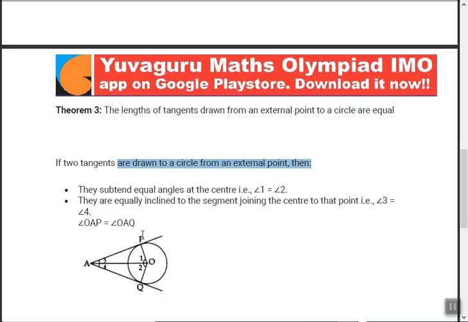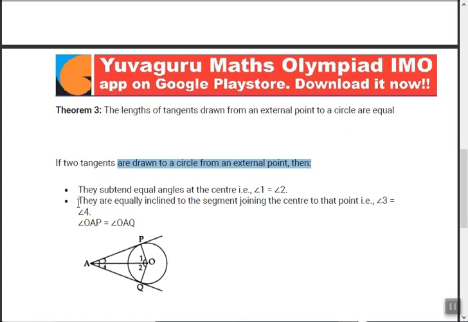Now a few important points about this theorem. See here, if 2 tangents are drawn to a circle from an external point, then they subtend equal angles at the center. Subtend at the center, center is O. So subtension means angle POA and angle QOA are both equal, 1 and 2.